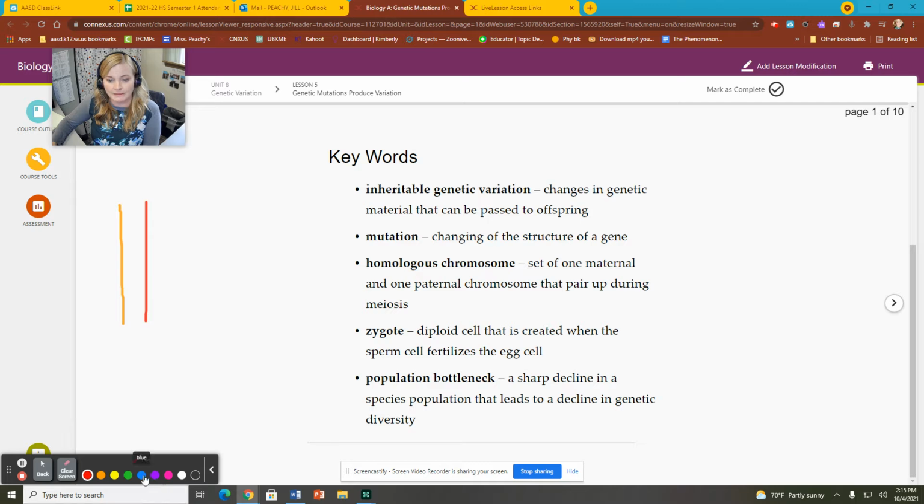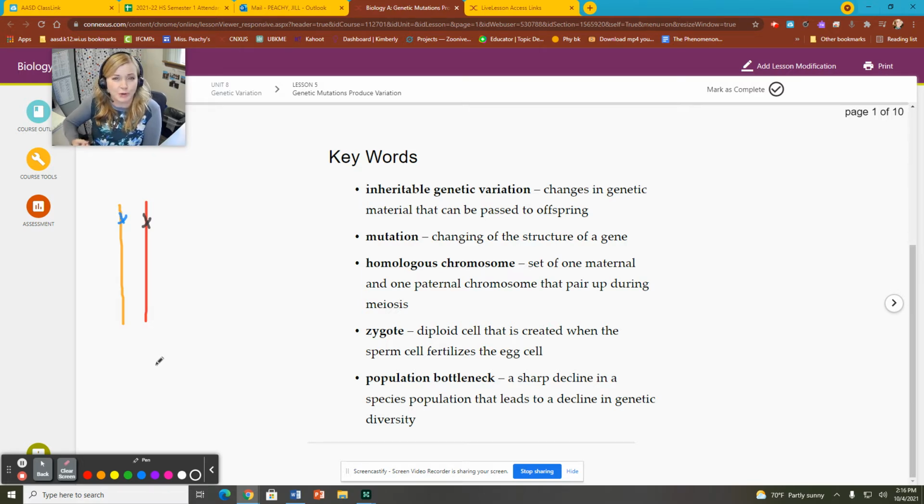So mom might give you the blue eye allele, whereas dad might give you the brown-eyed allele for eye color. On the same chromosome you have the same genes, but there are variations in them because one comes from one parent, one comes from the other.